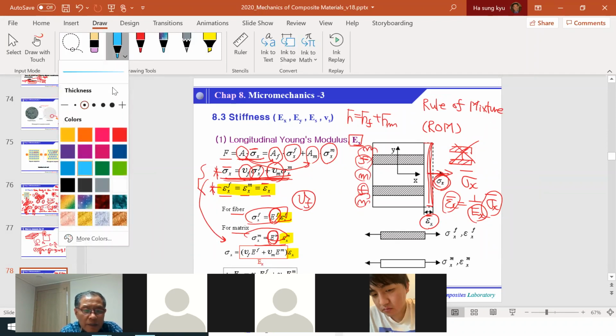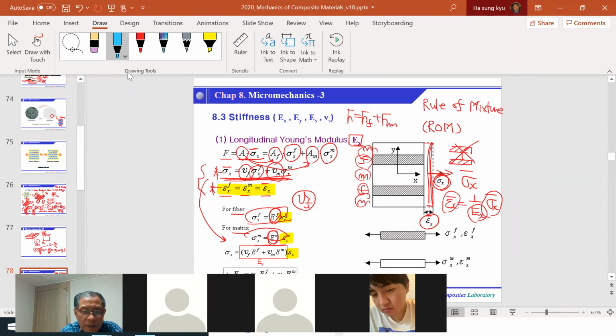I mean, this is not difficult. This one is for here, and this term goes to here. And since the strains are the same, the strain will be the same as the composite sigma bar and epsilon bar.